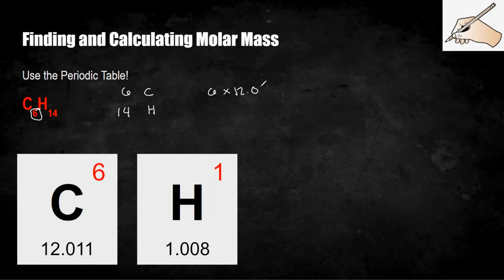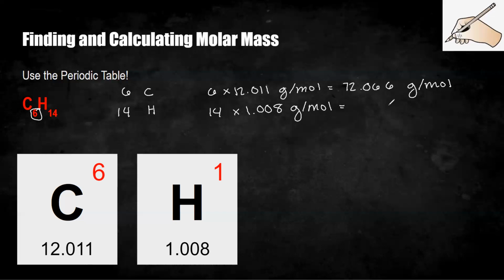So 6 times 12.011 grams per mole is equal to 72.066 grams per mole, and 14 times hydrogen's molar mass, which is 1.008 grams per mole, is 14.112 grams per mole. Now we're not done yet.